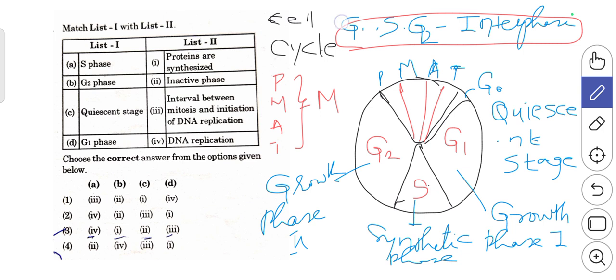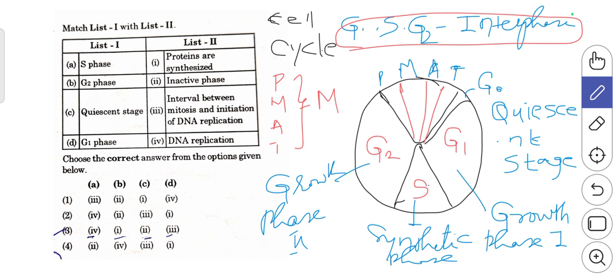So let's study this match the following. You should know growth phase 1, where the cells are metabolically active and continuously grow. When the cells enter S phase, the genetic material, that is DNA, starts duplicating in the synthetic phase, and the centrosomes also get duplicated in this S phase.